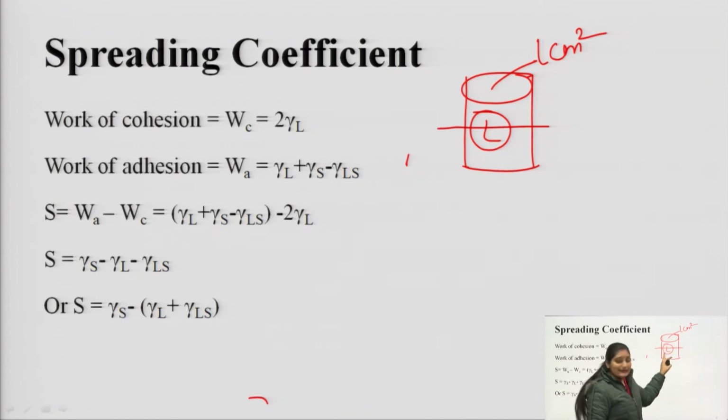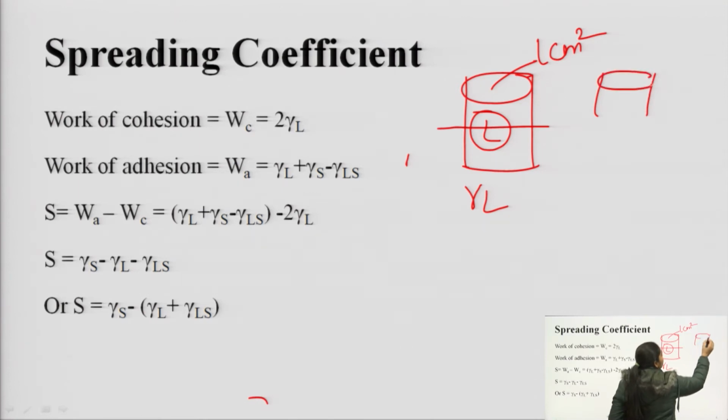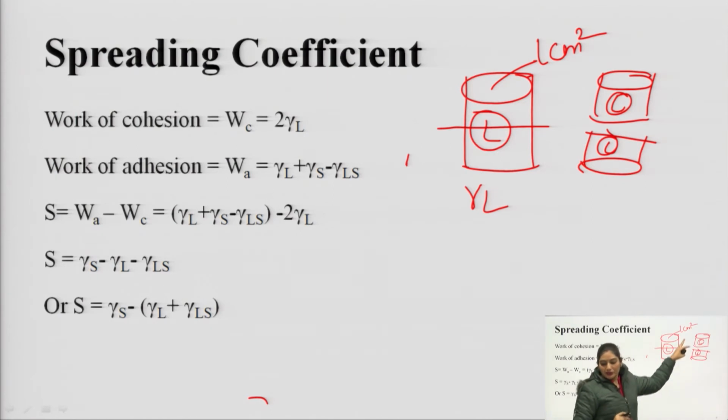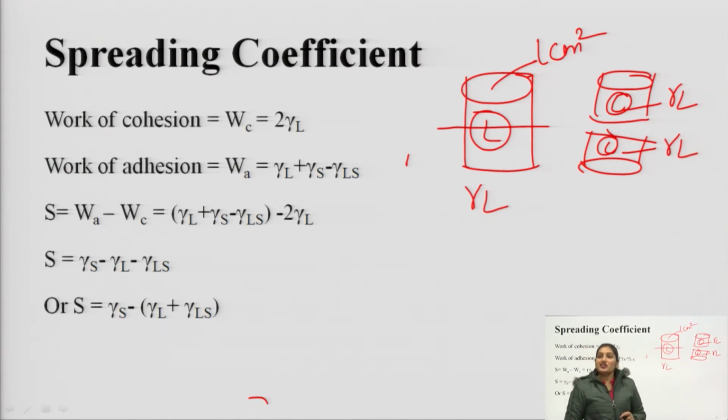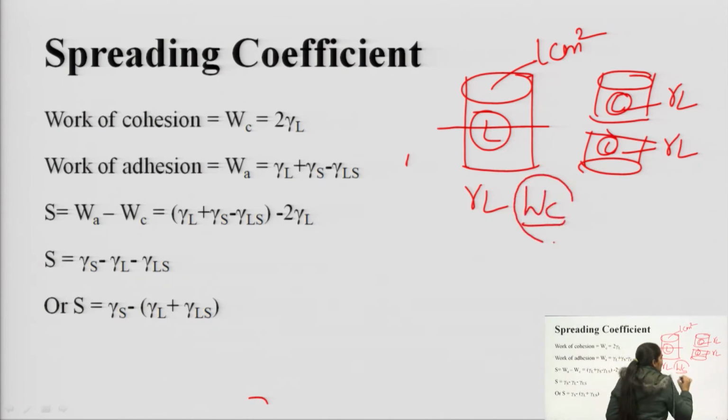This is represented by L. So, the surface tension will be gamma L, and if we separate this, then there will be two surfaces, this is L, this is L. The surface tension of this will be gamma L and this will be gamma L. Okay. So, work of cohesion will be gamma L plus gamma L, meaning 2 gamma L. The work of cohesion we will represent by WC.